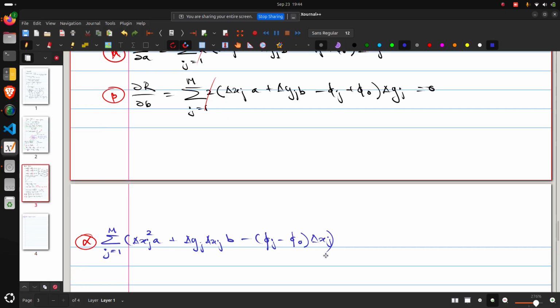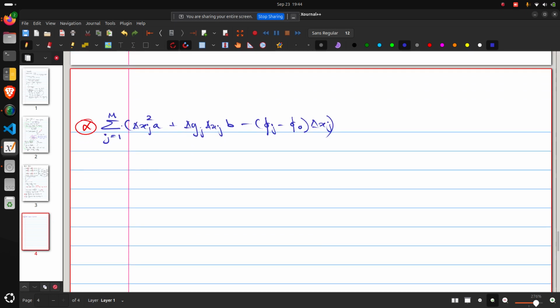Remember it is a summation, so if we expand the summation, it will look something like this: delta x1 square a plus delta y1 delta x1 b minus phi 1 minus phi naught delta x1.